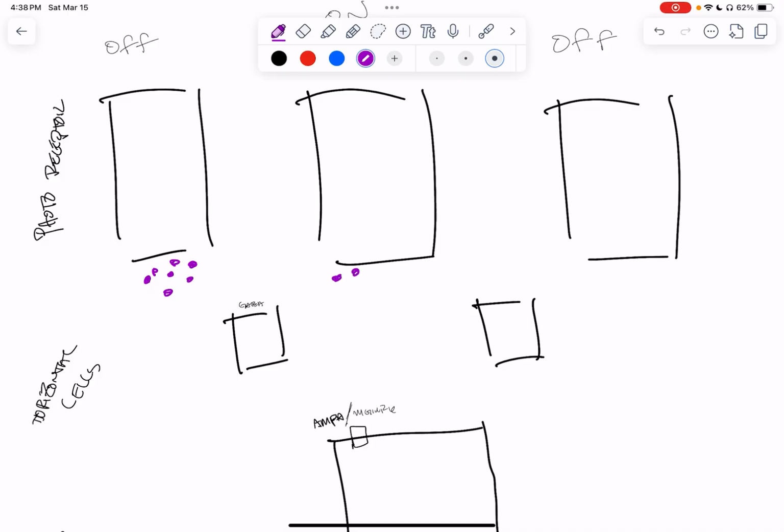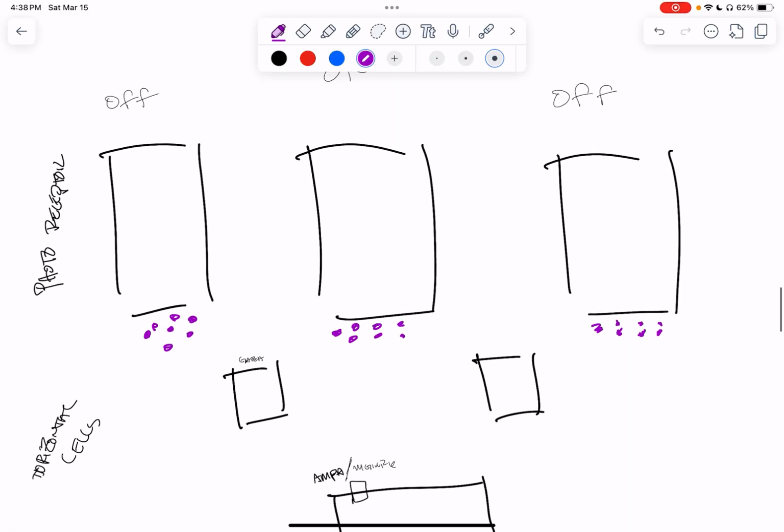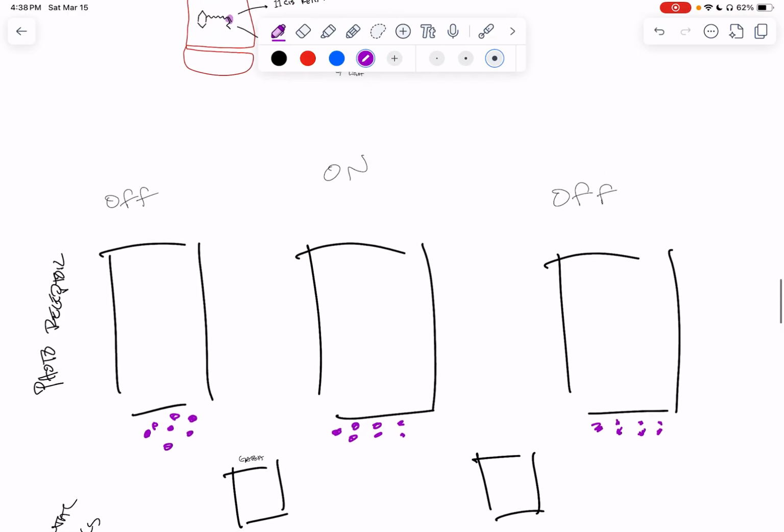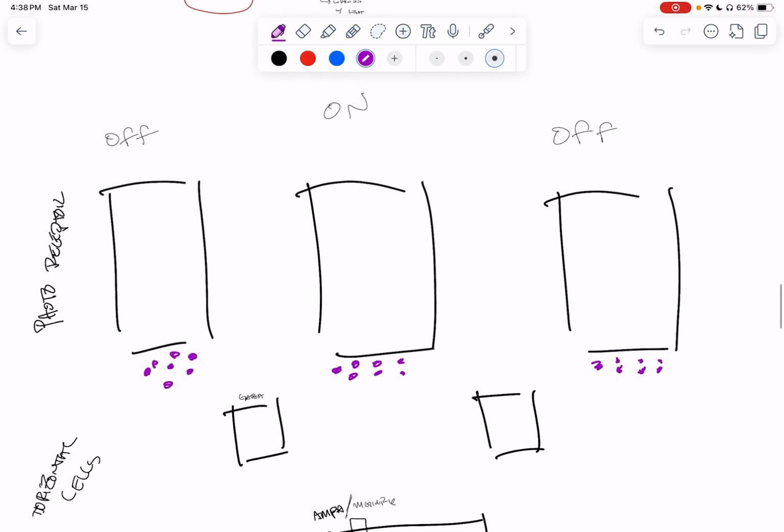We've got our on surround releasing glutamate, we have our on center, and we have our other off surround releasing glutamate. The important thing to remember is that all photoreceptors will always release glutamate. Now, the rate at which they release glutamate will depend on if they're on or off surround, and will depend on the horizontal cells' GABA, or their quantity of release of GABA.